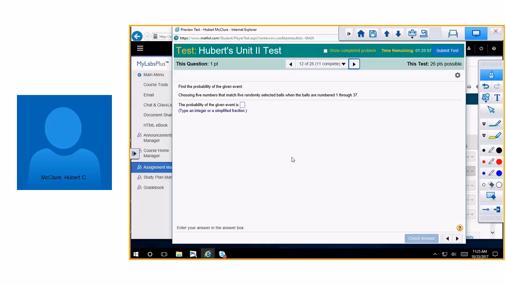Find the probability of the given event. Choosing 5 numbers that match 5 randomly selected balls when the balls are numbered 1 through 37. How many slots? 5. How many numbers? 37. 37 what? 5.